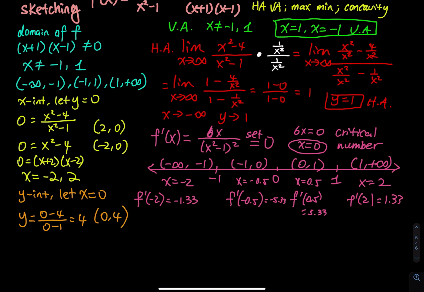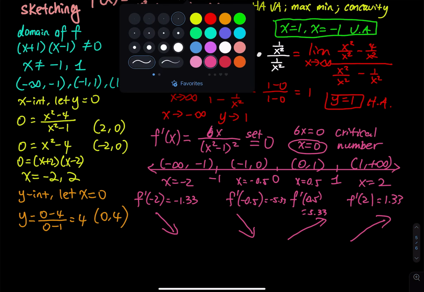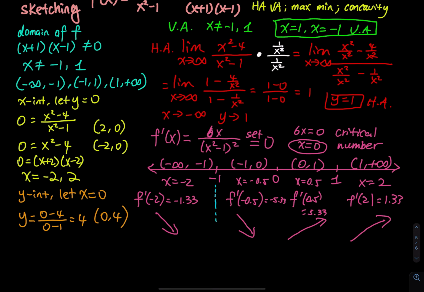So negative slopes, we have going down and going down. Positive slope is going up, positive slope is going up. And don't forget that x equals -1 and 1. These are vertical asymptotes, x equals -1 and x equals 1, and they are not minimum or maximum anyway.